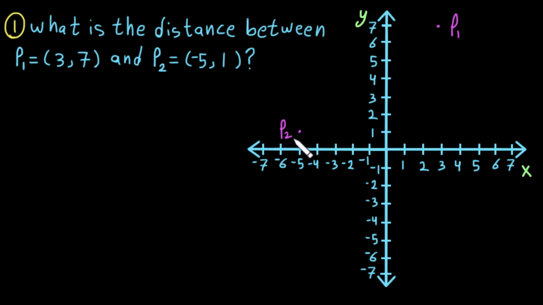Visually, the distance between these 2 points is the length of the line segment connecting them. If you connect this point with this point, P1 to P2 or P2 to P1 is the same thing. So this line segment is D, which is the shortest distance between these 2 points.